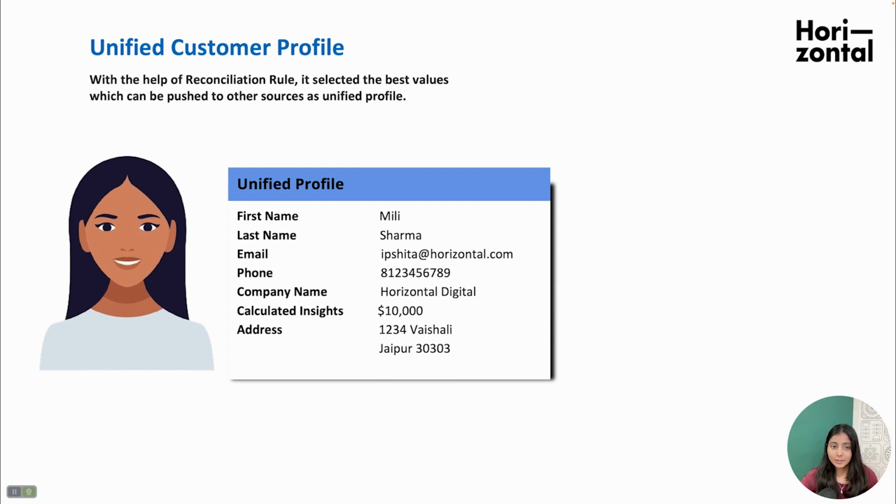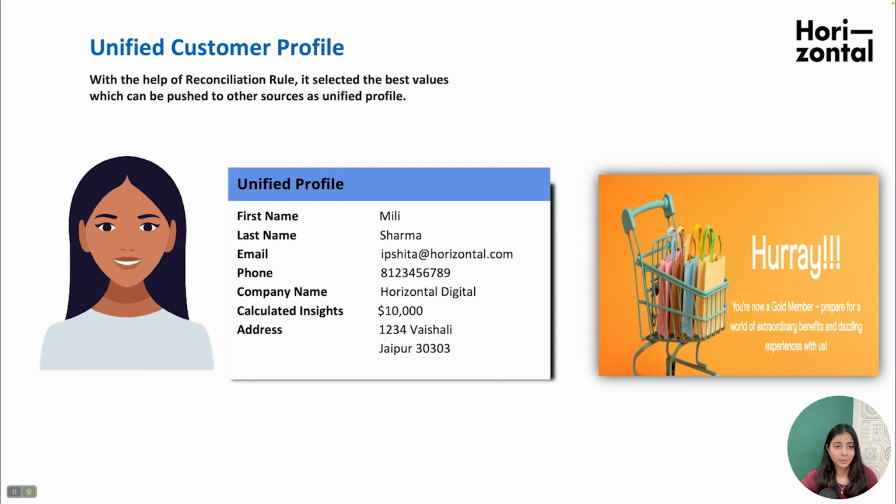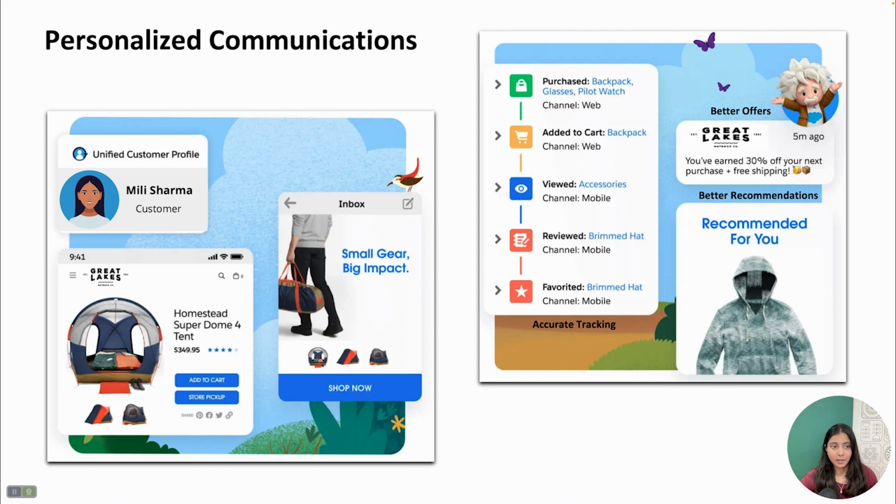According to this data, she will now receive the correct offer mails for Gold Club membership. On this unified profile, whenever Millie does any shopping or browses the website, her customer behavior data can be captured, providing her better personalization, better recommendations, and the right offer mails.